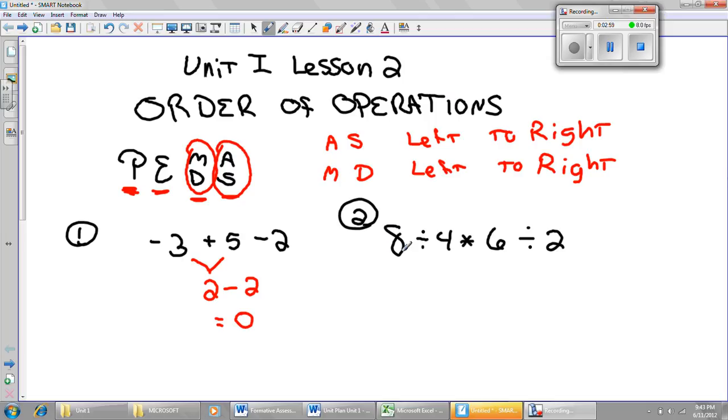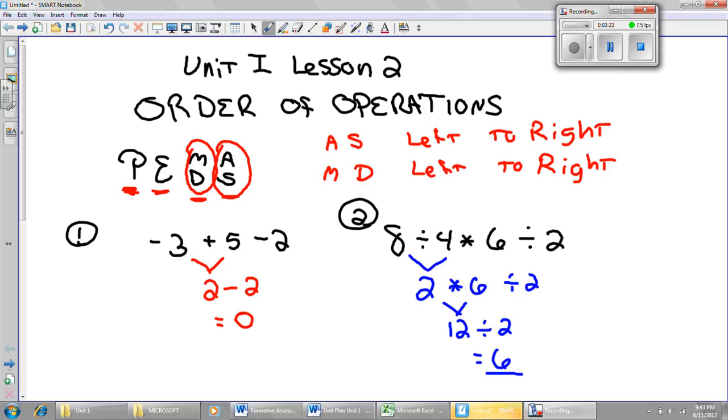All right, example 2. I have division, multiplication, and then division again. Well, I'm going to go left to right. So I'm going to do 8 divided by 4 and get 2. I'm going to have to multiply that by 6, and I'm going to get 12. And then I'm going to divide that answer by 2, and that's going to equal 6 for my final answer.